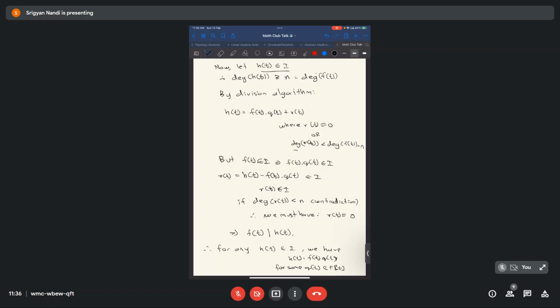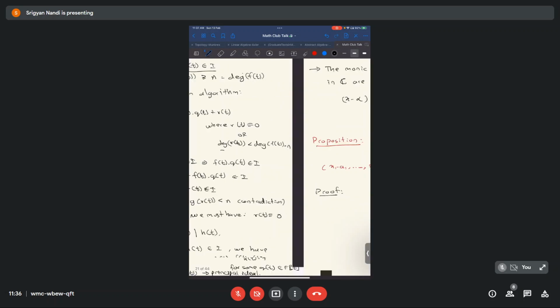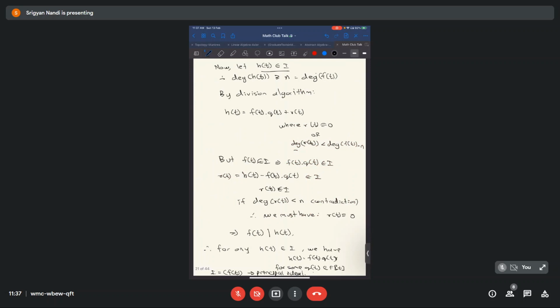That is the equivalent condition for the fact that I is completely generated by f(t). Therefore, we considered any arbitrary ideal I, and we found that it is generated by the polynomial of minimal degree in I, and it is generated by a single element, thus making it a principal ideal. Therefore, we can say that F[t] is a PID.